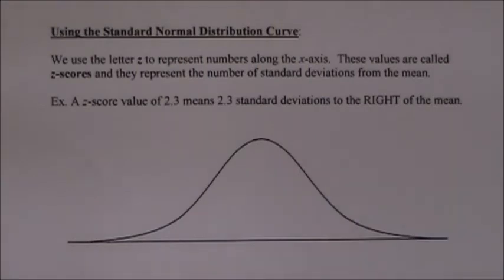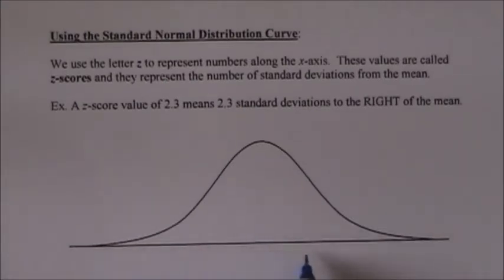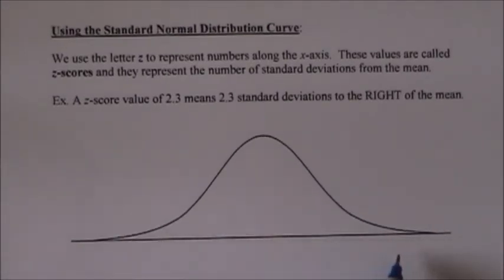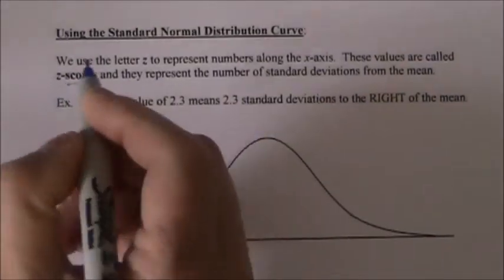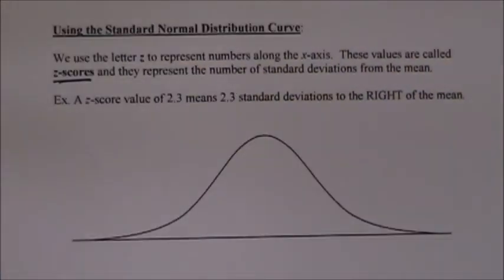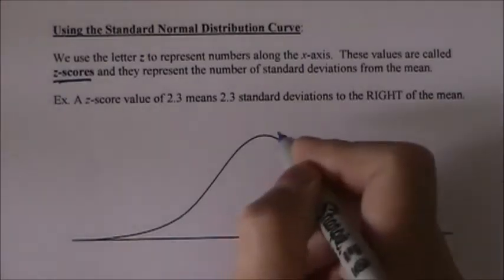Using the standard normal distribution curve, we use the letter z to represent the numbers along the x-axis. So underneath our bell curve right here. These values are called z-scores, and they represent the number of standard deviations from the mean. So our first example, a z-score value of 2.3 means that we are 2.3 standard deviations to the right of the mean.